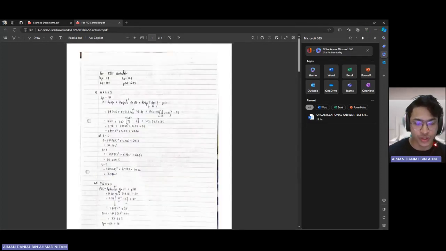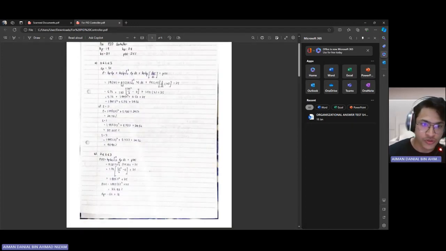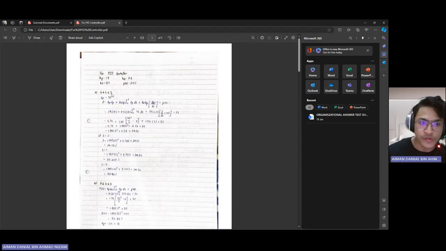As for the second one, I use the same method also, using the same information that given into our lab project assessment, which is my group using KP as 1.9, KI 0.7, KD 0.8, and P0 still 25%. So as you can see for figure 2 also, I use the same equation.